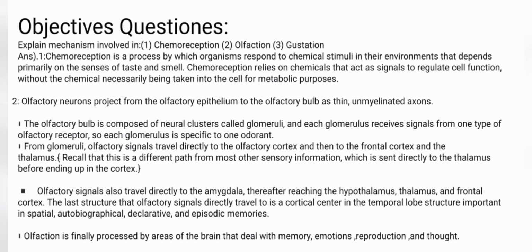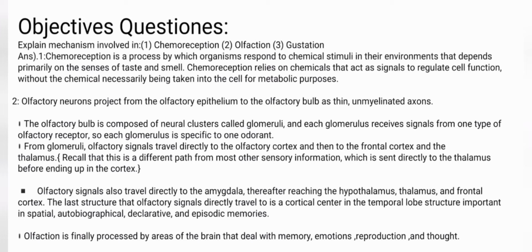The second question is on the mechanism of olfaction. The olfactory neurons project from the olfactory epithelium to the olfactory bulb as thin unmyelinated axons. The olfactory bulb is composed of neural clusters called glomeruli, and each glomerulus receives signals from one type of olfactory receptor.